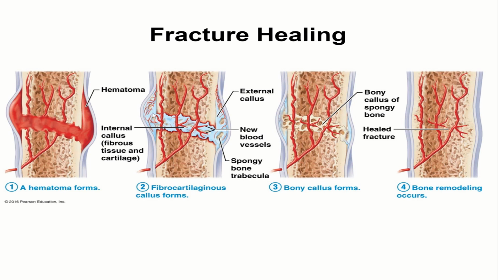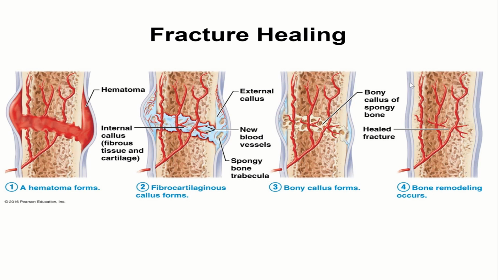And we also start to have some spongy bone move into this area to start constructing the bone tissue. So we have some osteocytes moving in here. And then we continue to form that bony callus and fill in the space between the broken bones.